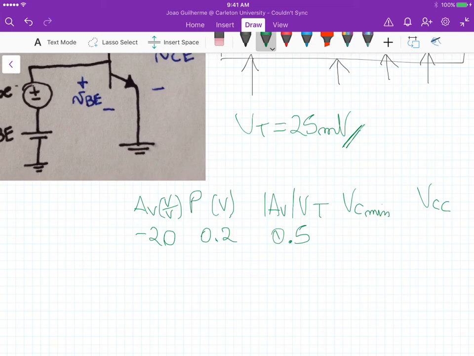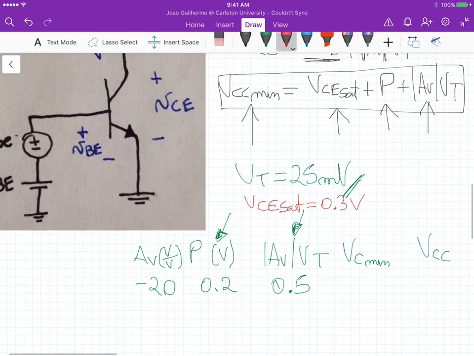And if we substitute this peak at the output in this AV VT equation and consider VCE sat as 0.3 volts, we get a VCC min.